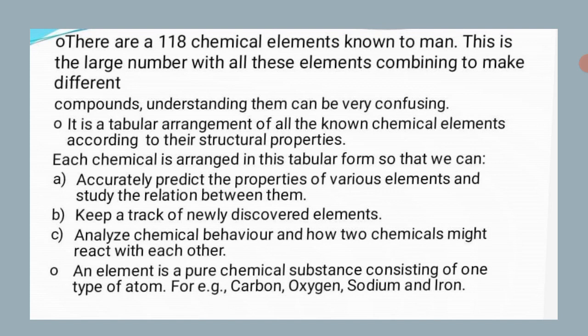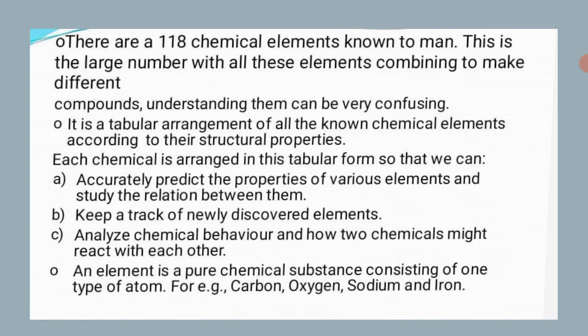There are 118 chemical elements known to man. This is the largest number of elements combining to make different compounds. Understanding them can be very confusing. The periodic table is a tabular arrangement of all known chemical elements according to their structural properties.